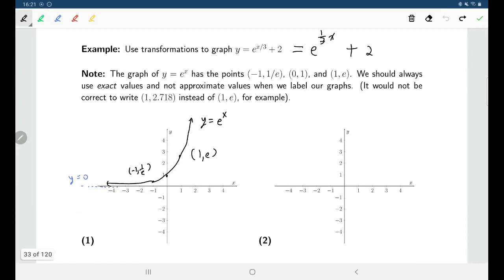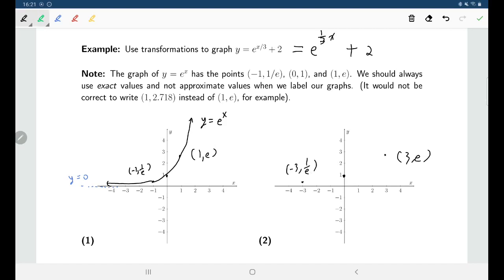So that instead of the point 1e, we'll multiply that x value by 3 and have the point 3e. 0, 1, multiplying the x-coordinate by 3 still leaves it as 0, 1. And -1, comma 1 over e, when I multiply that x value by 3, I get the point -3, 1 over e.